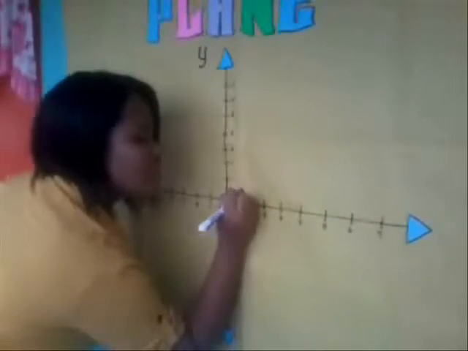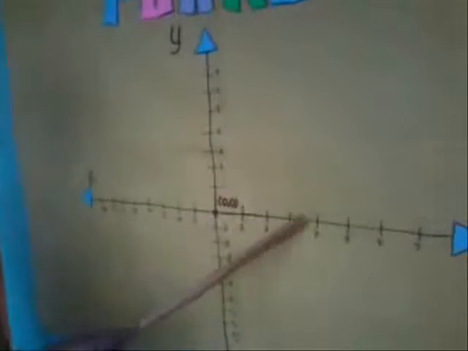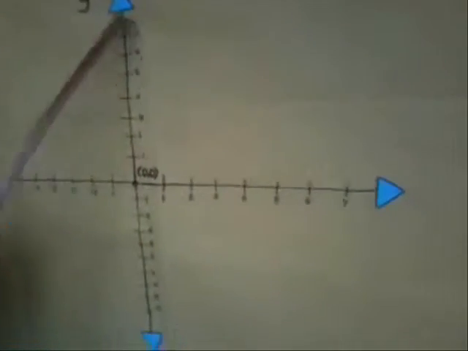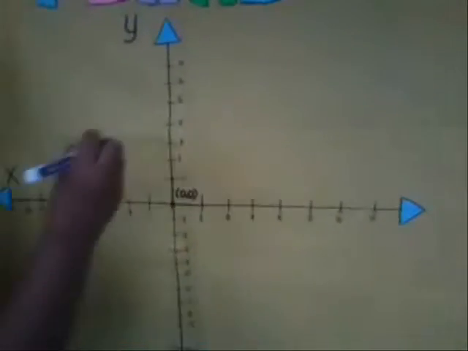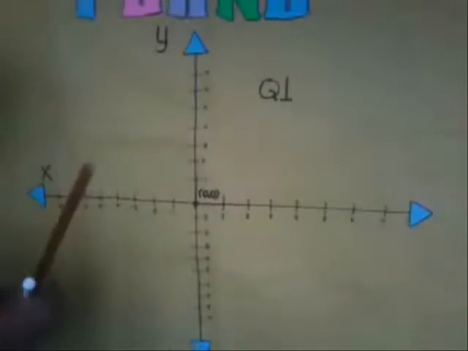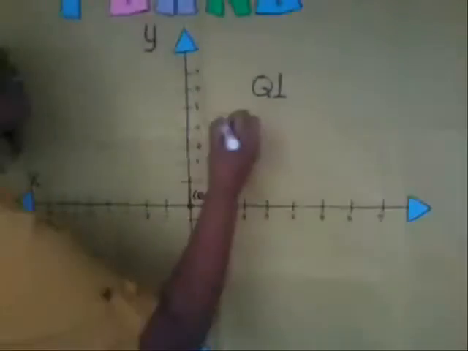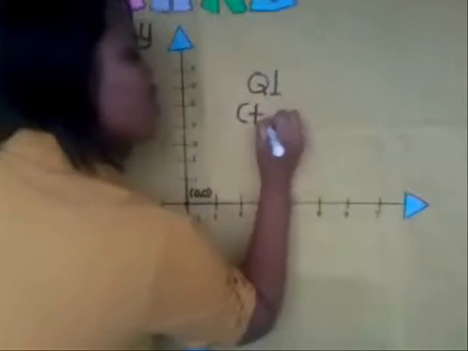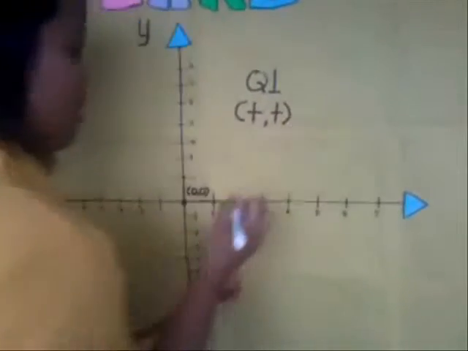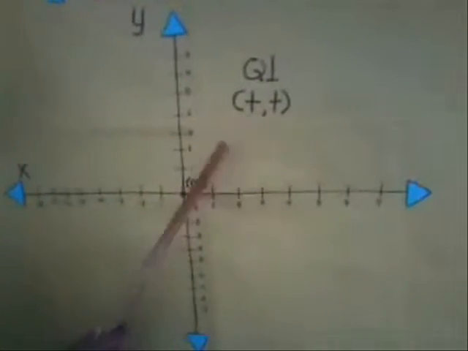0, 0. So knowing that this side is positive and this side is positive, people usually call it quadrant 1. We have positive x's and positive y's. So the sign used is plus, plus, indicating that this side is positive and this side is positive.